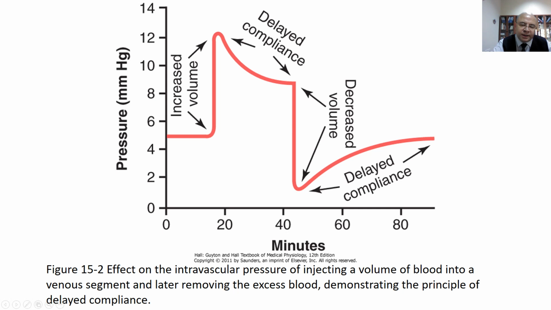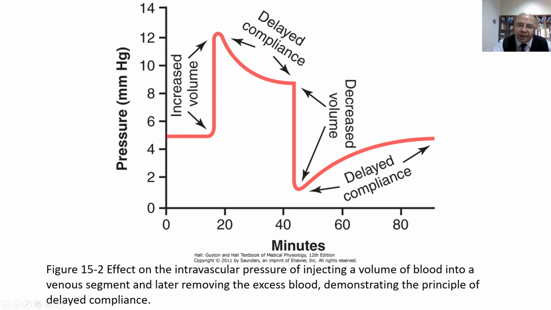The smooth muscles in the walls of the blood vessels start to relax. So the arteries and the veins will adapt to the new volume without increasing the pressure much. This is called delayed compliance or stress relaxation.